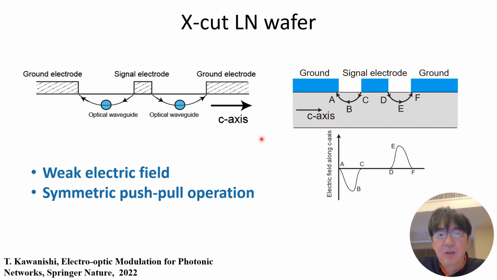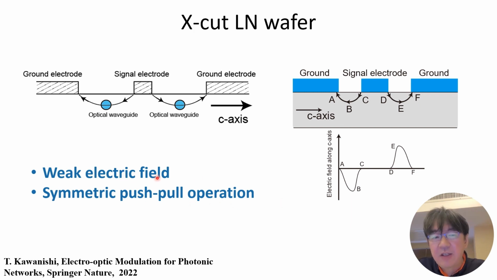As I mentioned, by using the X-cut wafer, we can get the ideal symmetric push-pull operation. Here is the field distribution. By using these 2 points, point B and point E, we can get a large interaction between the modulating signal and the optical signal, and we can get an almost ideal push-pull operation.